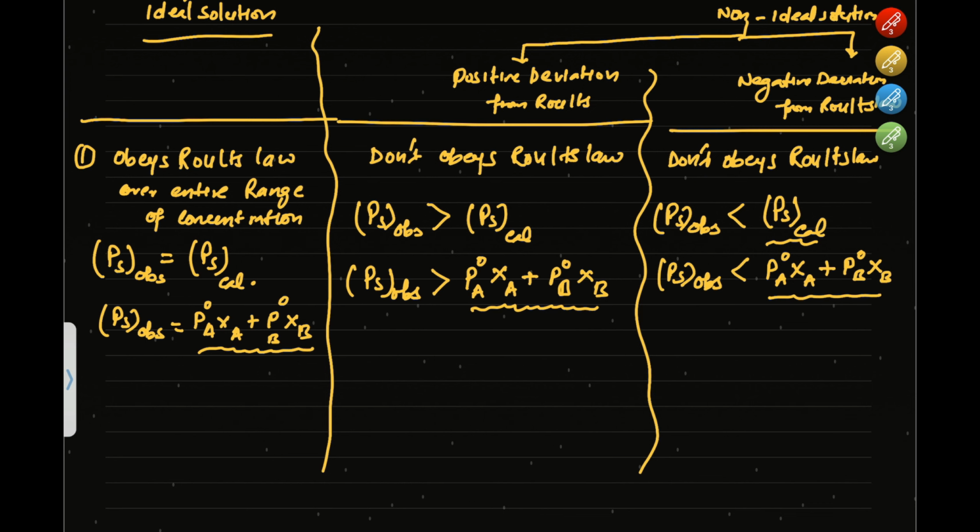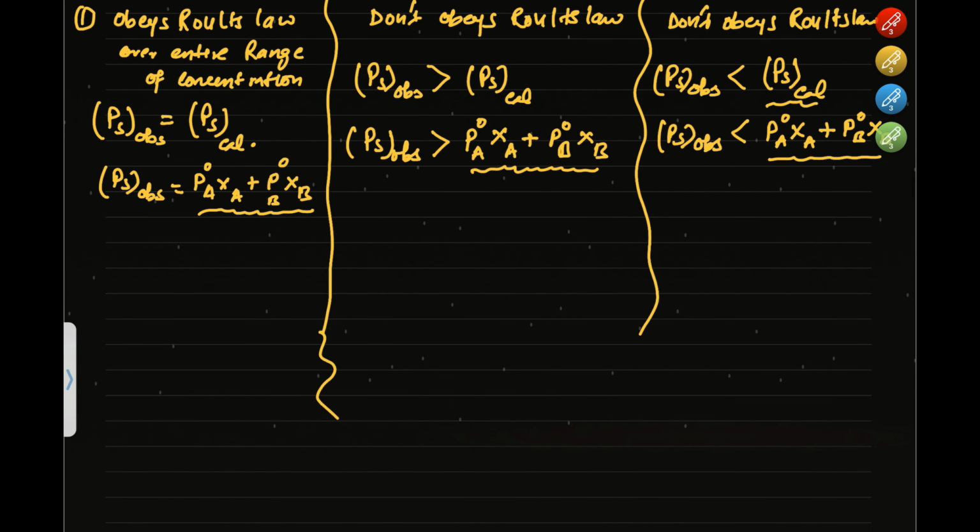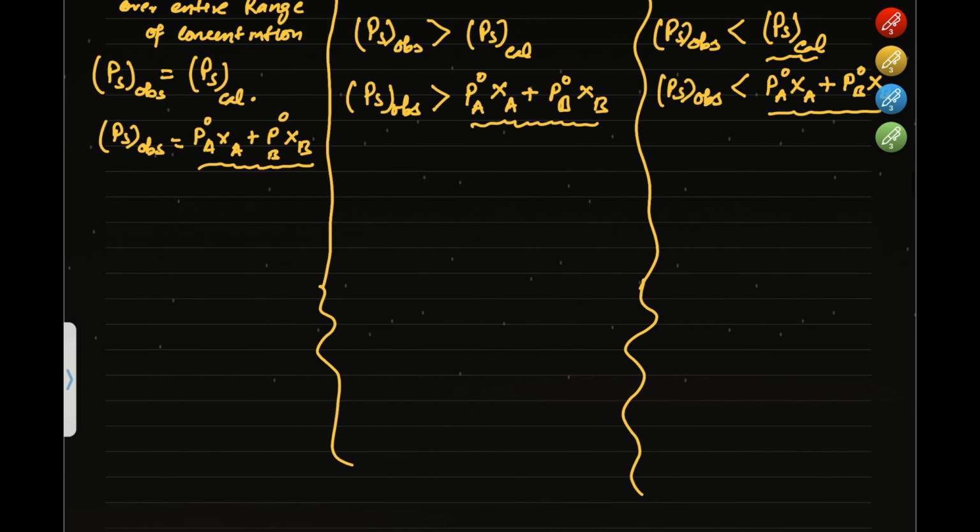The next point is based on the intermolecular force between the molecules of the solute and the solvent. Second point is intermolecular force between molecules.